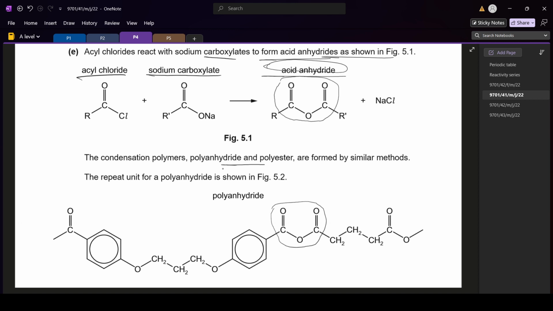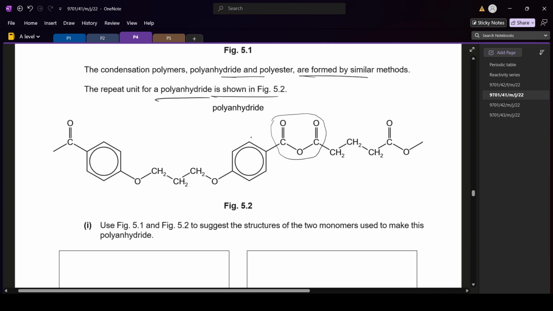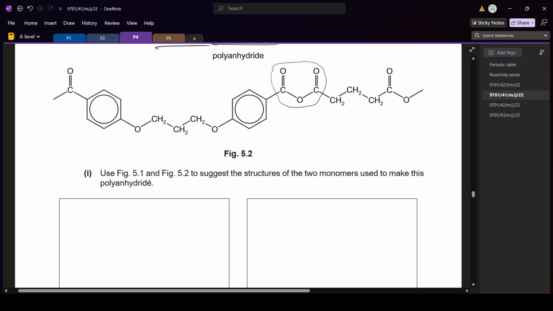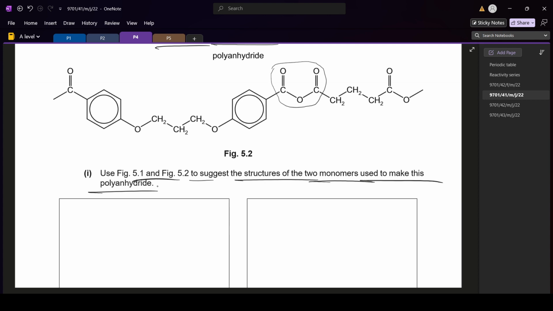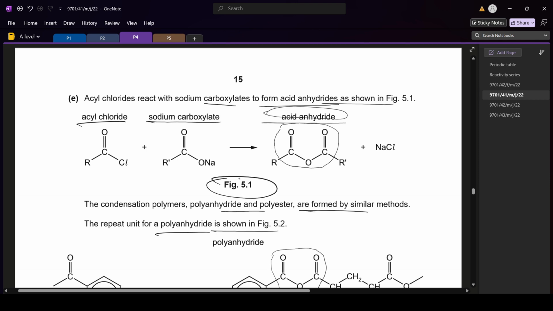The condensation polymers polyanhydrides and polyesters are formed by similar methods. The repeat unit of polyanhydride is shown in figure 5.2. Use figures 5.1 and 5.2 to suggest the structures of the two monomers used to make this polyanhydride. You can see from figure 5.1 that this part is your first monomer and this part is your second monomer.